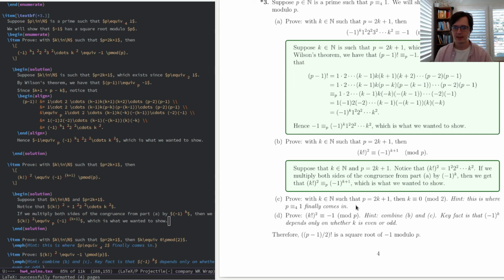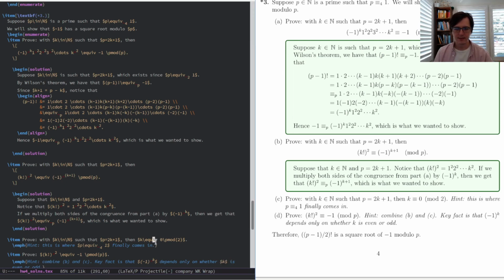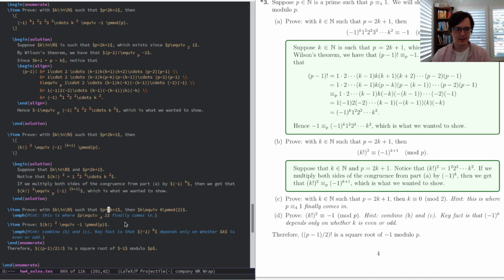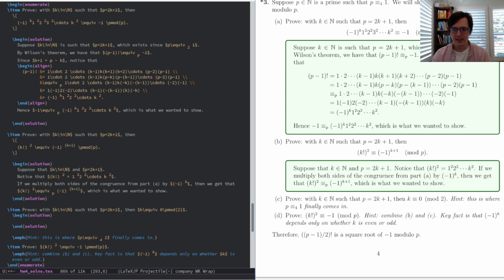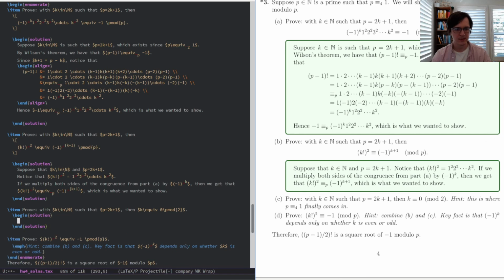Great. Now, this should be an easy observation. If k is this quotient by 2, then k is even. That's what we want to show. So how do we do this?